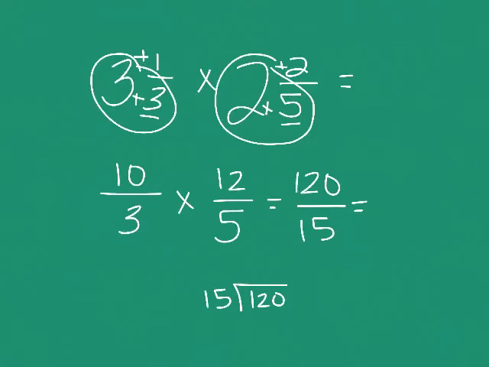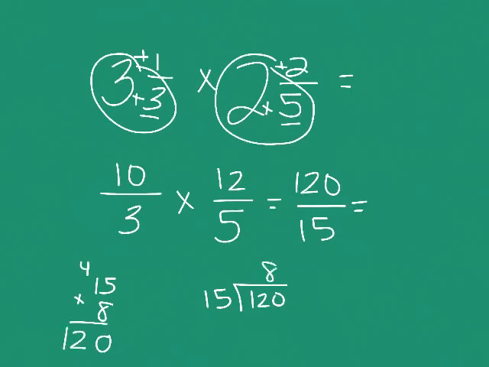So 15 can't go into 1, can't go into 12. So we just have to figure out how many times 15 goes into 120. This is good practice with our two-digit division. So we can try some guesses. I know 15 times 10 is 150, so I know it's going to be a little bit less than that. So we can try 15 times 8. 5 times 8 is 40. 8 times 1 is 8, plus 4 is 12.